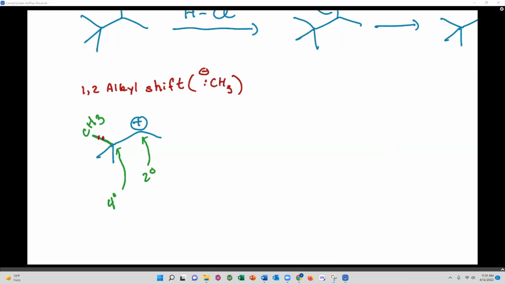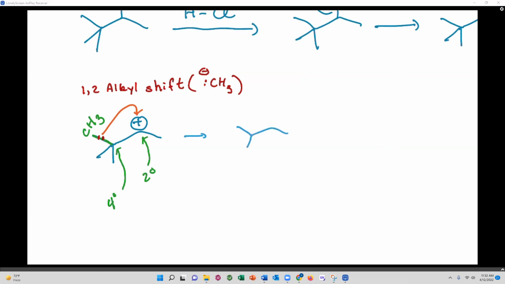The electrons that are forming the bond between that terminal methyl group and that quaternary carbon are going to go with the CH3 group. And so I'm going to have this shift that is then going to give me this here.